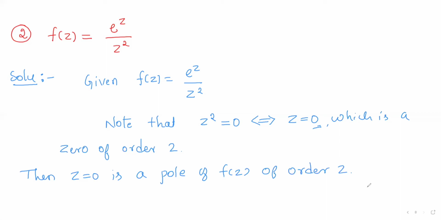It is a multiple pole. A multiple pole means a pole other than the simple pole, that means a pole having order greater than 1. Now 0 is a pole of order 2. Now we shall calculate the residue of f(z) at this pole.